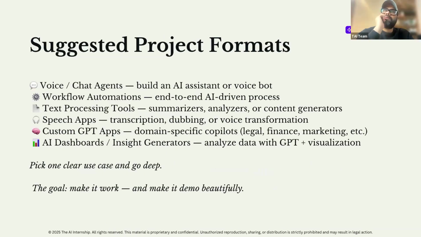So these are some suggested projects. Obviously, these are cookie-cutter projects, so build on these ideas. We can build voice chat agents, workflow automations, end-to-end processes, text processing tools, speech apps for transcriptions, dubbing, voice transformation, custom GPT apps with domain knowledge, and AI dashboards.